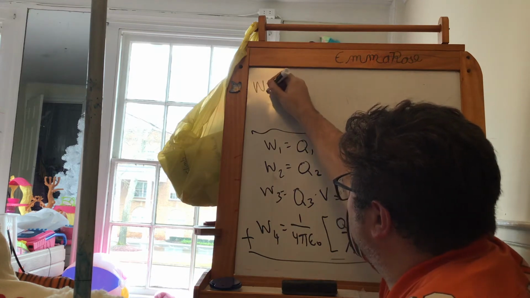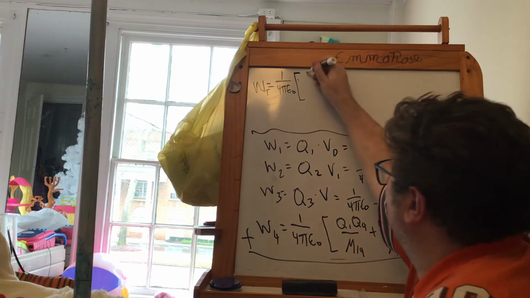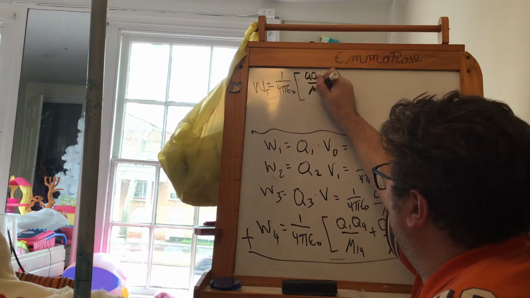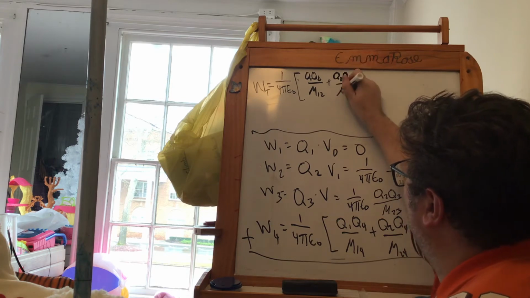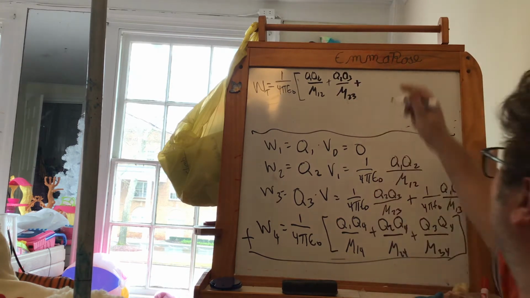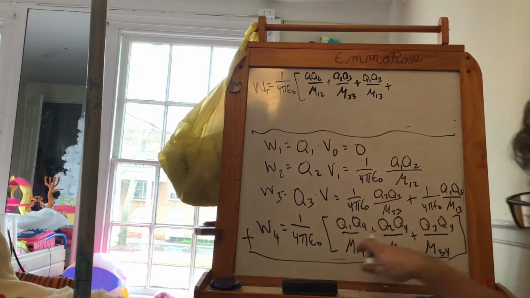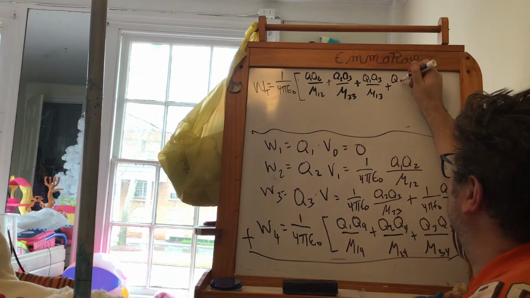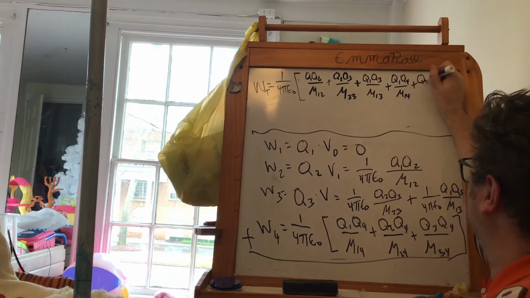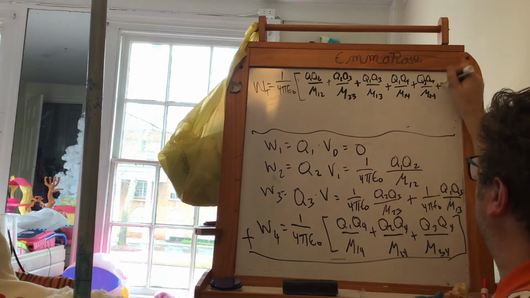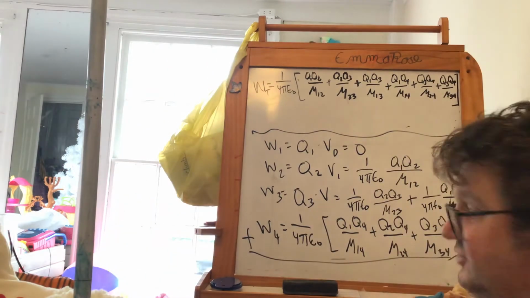The total work is going to be 1 over 4 pi epsilon naught, Q1, Q2 over script r 1,2, that term, plus Q2, Q3 over script r 2,3, which is that term, plus Q1, Q3 over script r 1,3, plus now these 3 terms, Q1, Q4 over script r 1,4, plus Q2, Q4 over script r 2,4, plus Q3, Q4 over script r 3,4. That's a lot of terms.